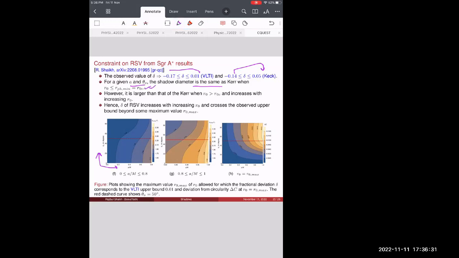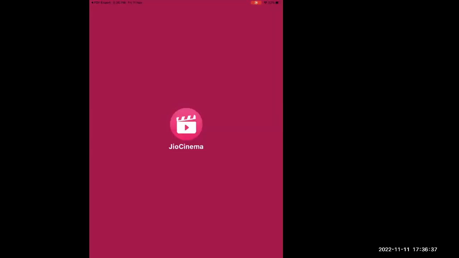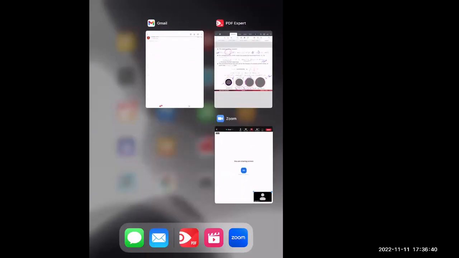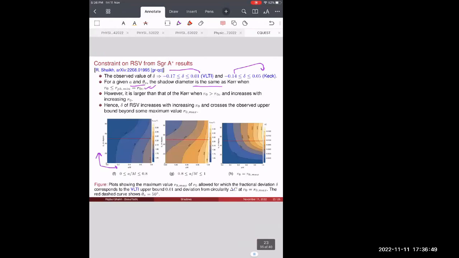That means this case is these first two cases. However, in the second two cases, we said that the shadow deviates from that of the Kerr, and we found that if we increase R naught beyond R0C, then the shadow diameter also increases monotonically for the RSV metric.